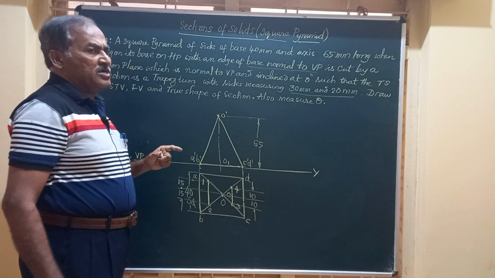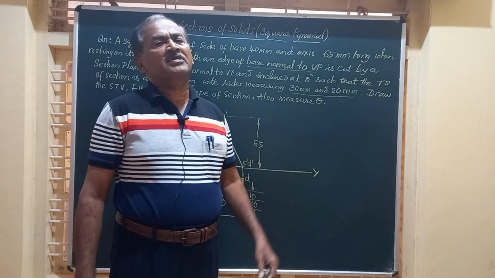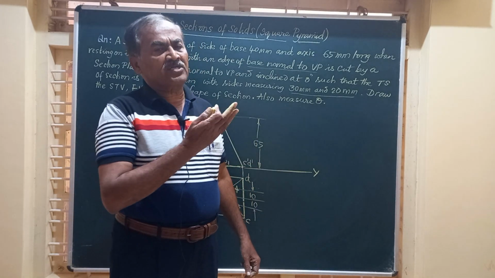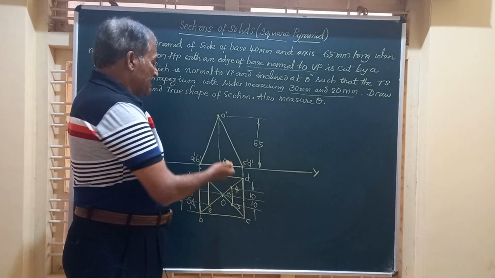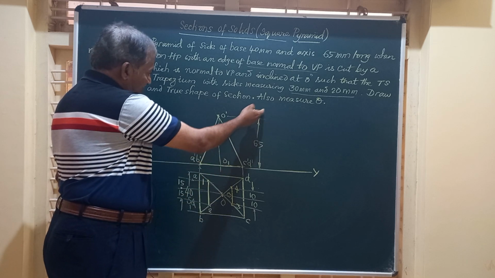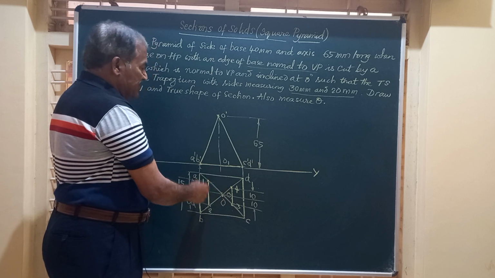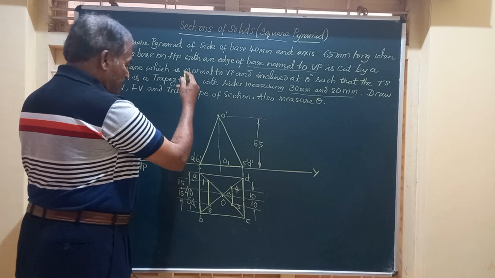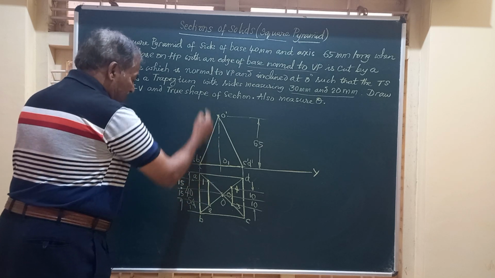So we have got all the 4 slant edges being cut by the section plane, which is normal to VP. So how to get the corresponding points here? Friends, when you have the section plane here, you can obtain the points where the section plane is cutting the slant edges.